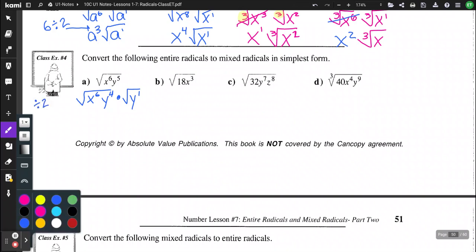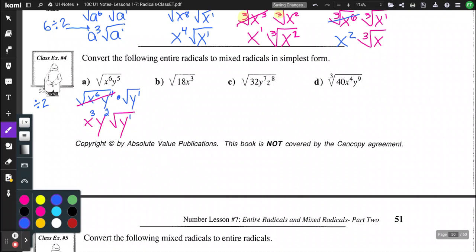And that's what's going to solve these guys. So I know I've got an x, and I've got a y, and I know I've got a root y. Now let's put our exponents on. So half of 6 is 3, and half of 4 is 2.